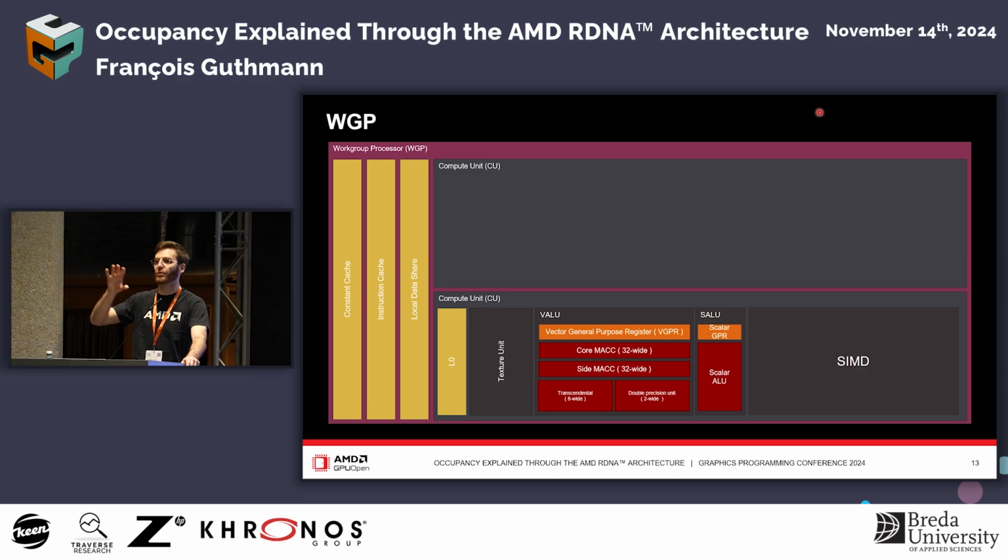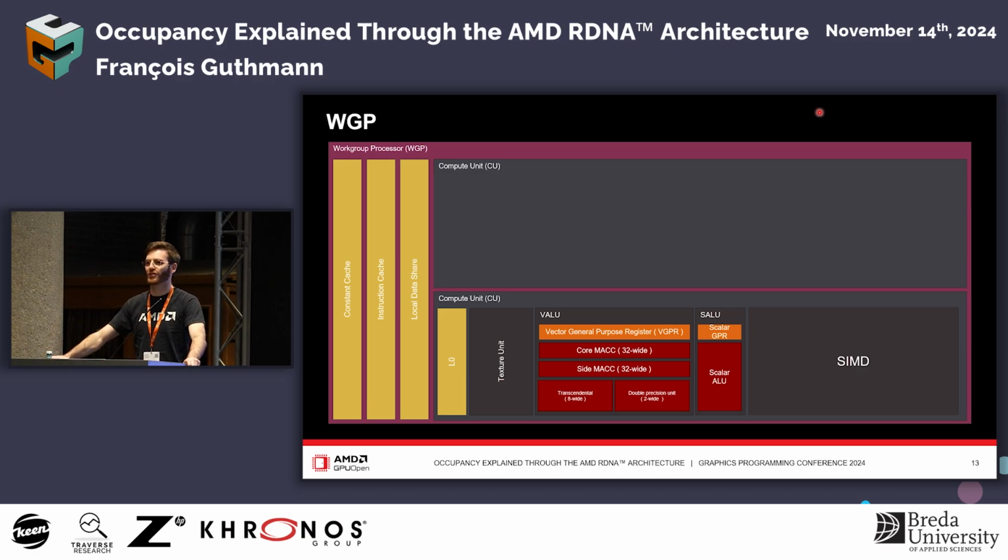In a thread group, all the threads can share some memory, so this is going to be stored here. We can also see that in a compute unit, there is an L0 cache. Again, this is incoherent with the L0 cache from other compute units and other shader arrays and the rest of the GPU. We have also a texture unit, which is used to do addressing, filtering, and so on. And finally, we have the SIMDs that we'll look at in a second. But for now, that's already a lot of information.